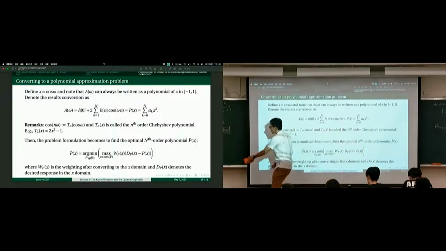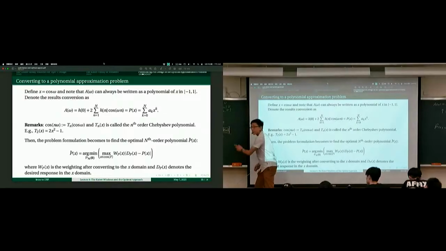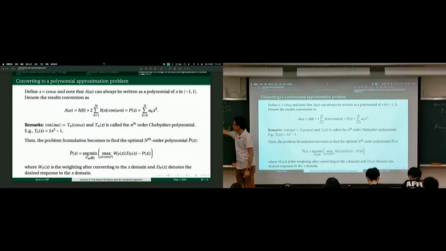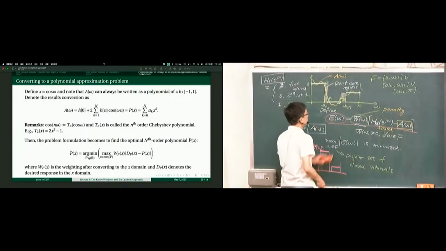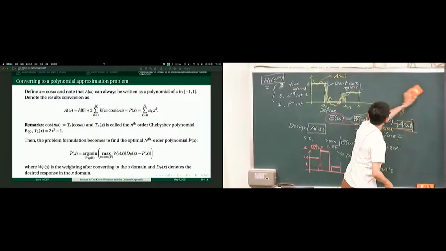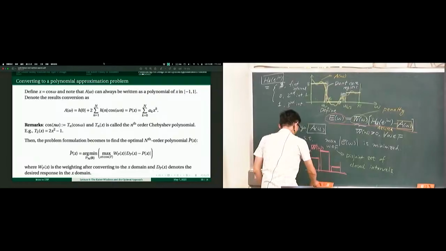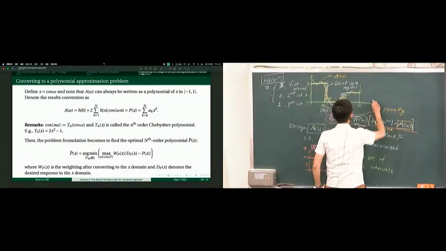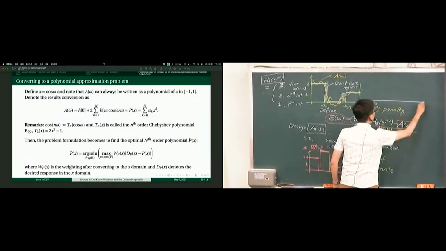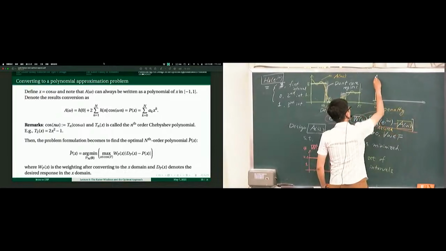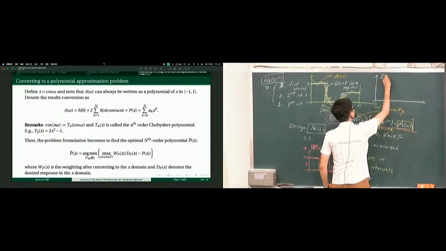Okay, so now please imagine that we weight the error, and then, I'd better draw it out. So now, let's make a plot of E of omega.